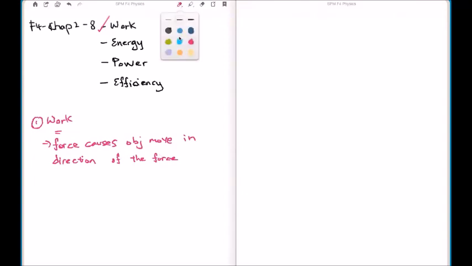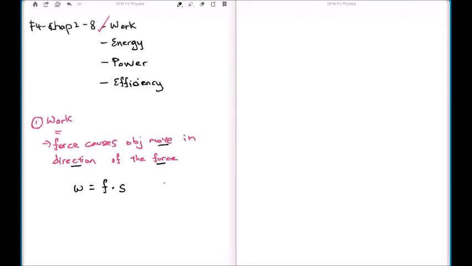In terms of equation, you need to look for the value. What's the work done value? Work is therefore F dot S. Now, this is a general equation, a dot product, where you need to look for the direction of force. That's why you have a direction of force, moving in the direction of force.